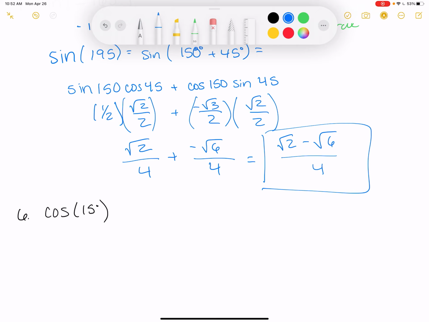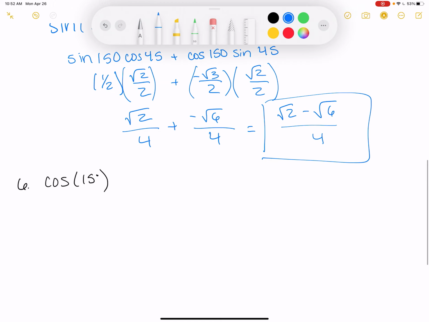I don't know 10 degrees and 5 degrees, so I'm going to have to subtract. I always recommend using numbers that are in the first quadrant if possible, because it eliminates the potential negative signs that come with things. So to get 15: 45 minus 30, 60 minus 45, things like that. I'll use the 45 minus 30.